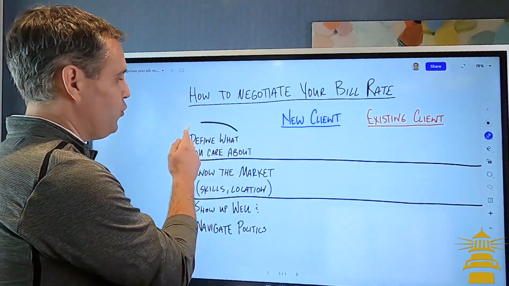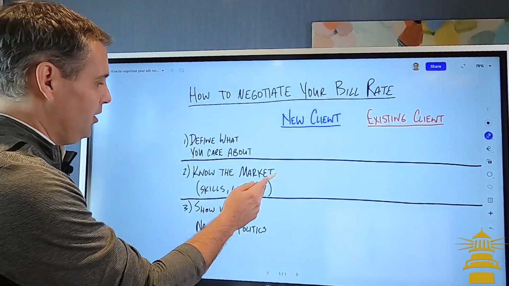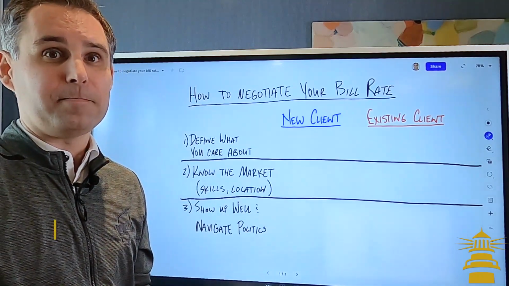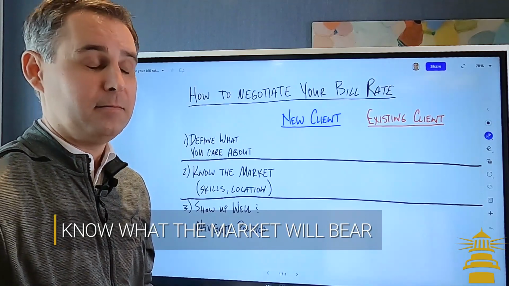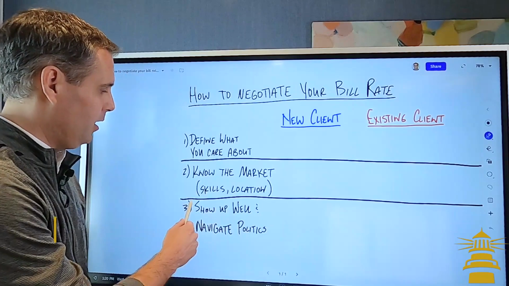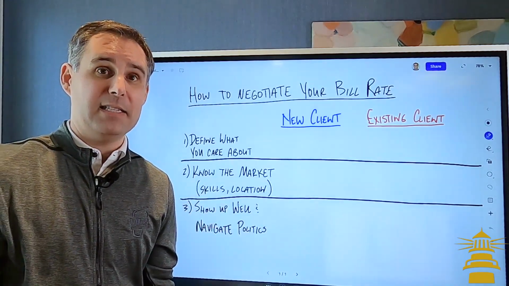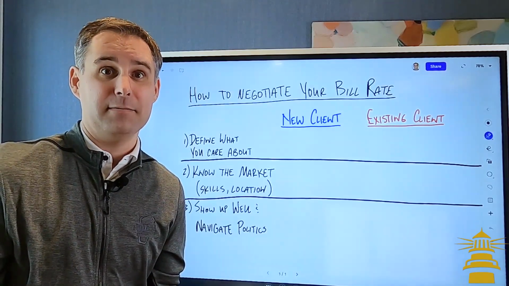So once you know what you want, know what the market will bear. What's the going rate for your skill set? What's the going rate in your location, right? Being a business analyst is different than being an enterprise technology architect.